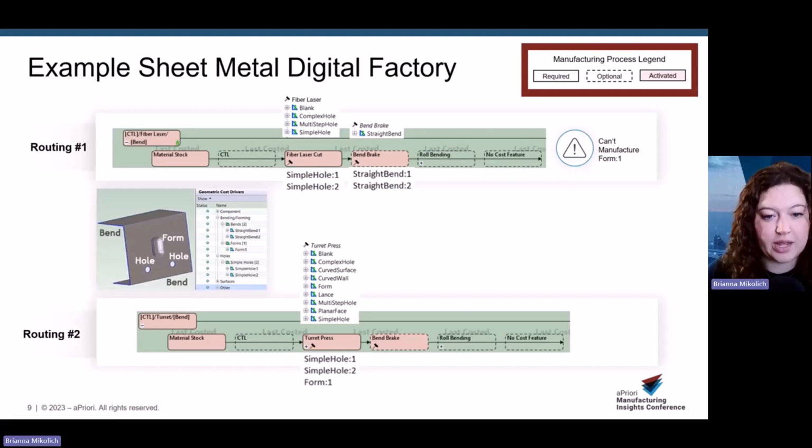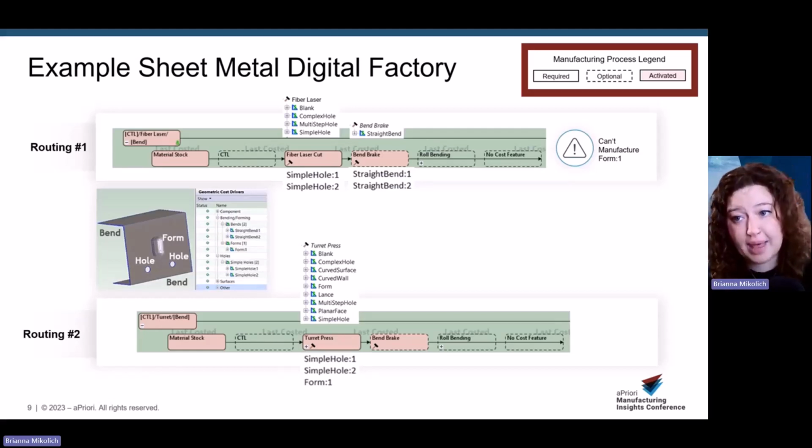And just like before, even though this is the last required node, there are still more GCDs to manufacture. aPriori moves to the optional bend break node, which can create those 2 bends. The node is activated, and it's going to now be included in the routing. For this example, all the routing alternatives in the factory have now been evaluated.